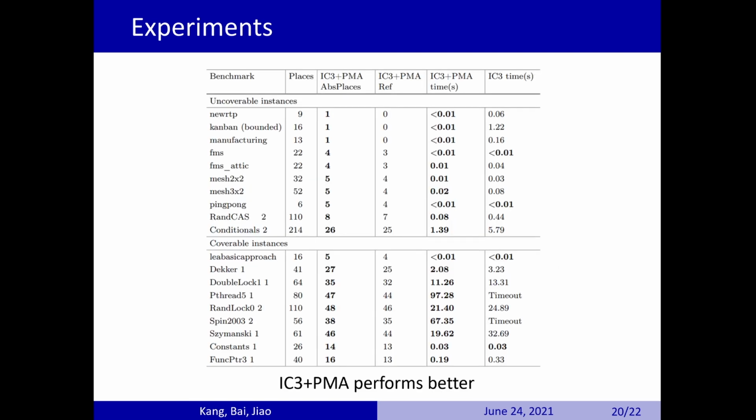This table shows benchmarks where SC3 plus PMA performs better. For example, at this line, the Petri net modeling conditionals has 214 places, but SC3 plus PMA can get a conclusion on an abstraction with only 26 places and costs 1 second, less than 5 seconds of SC3.